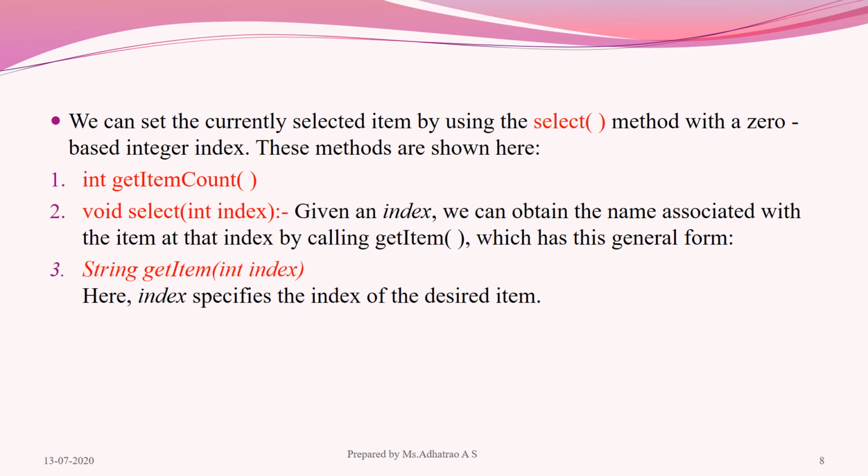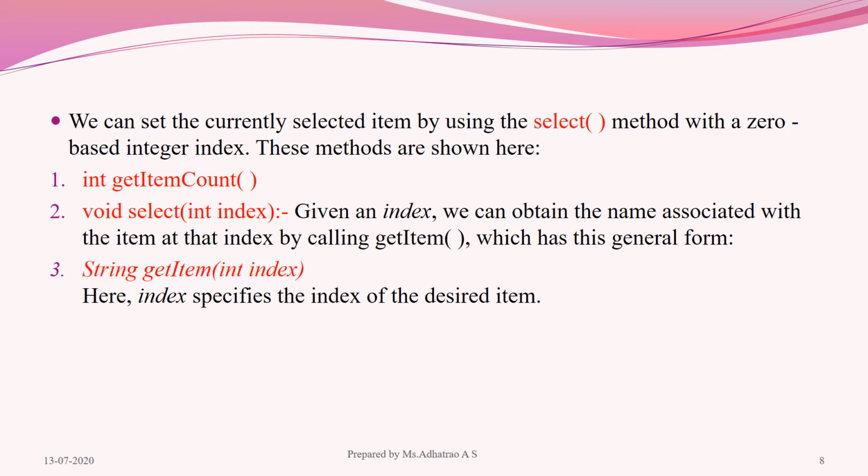We can set the currently selected item by using the select method with a 0 based integer index. These methods are shown here. The first method is int getItemCount, and the second is void select(int index).